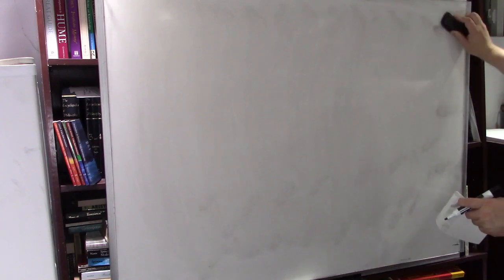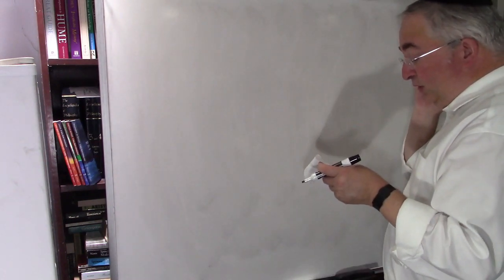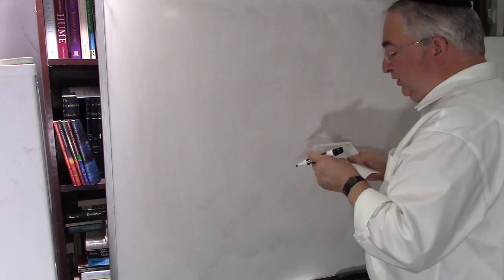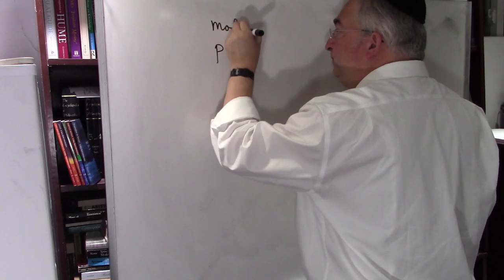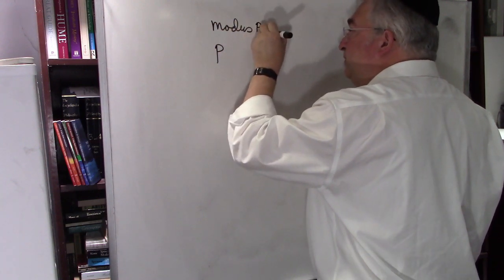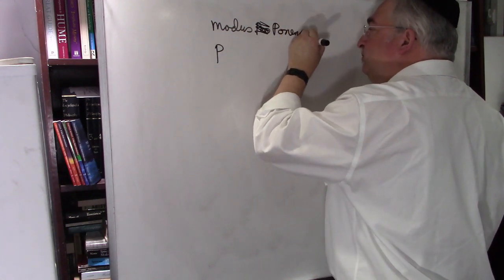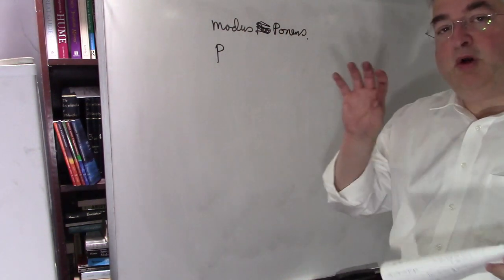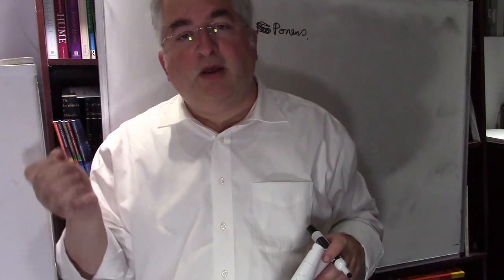Okay, let me show you two of the most important rules in all of logic. This is called modus ponens. Modus is in modus operandi. If you ever watch a detective show, you have modus operandi.